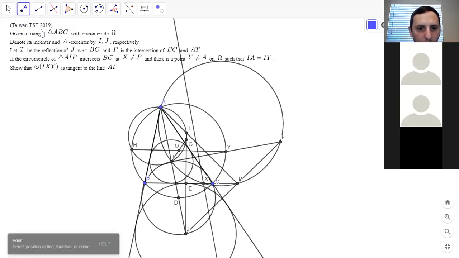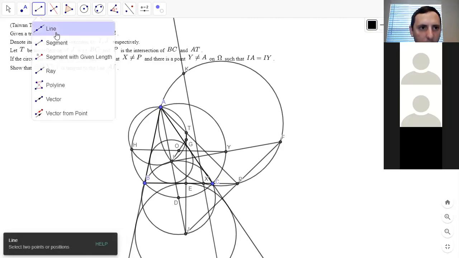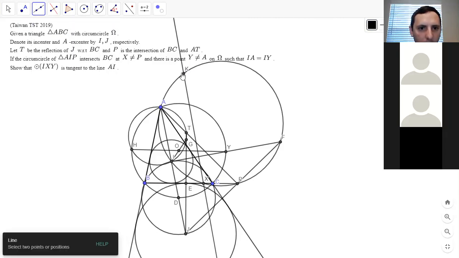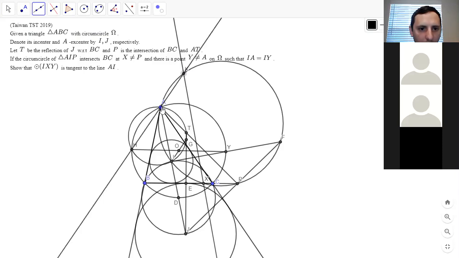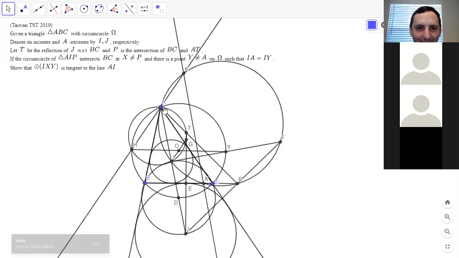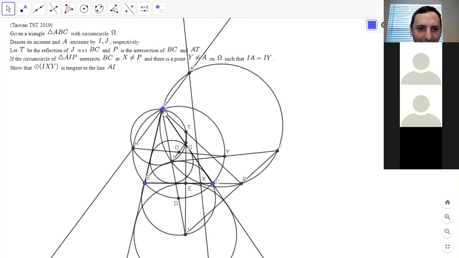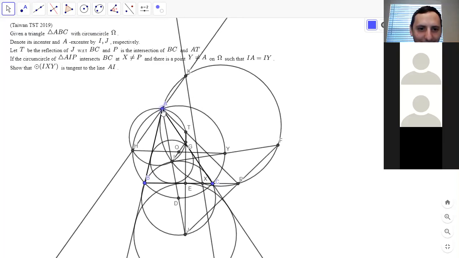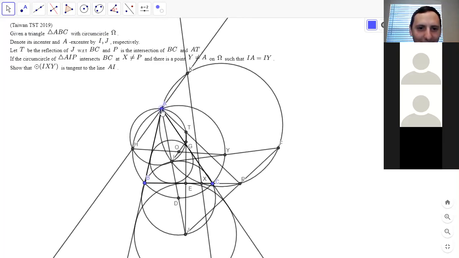Wonder if there's something special about this point. Are K, A, and H collinear? This is crazy. There's just so much stuff that just works out. Looks like it. Looks like K, A, and H are collinear. Interesting.